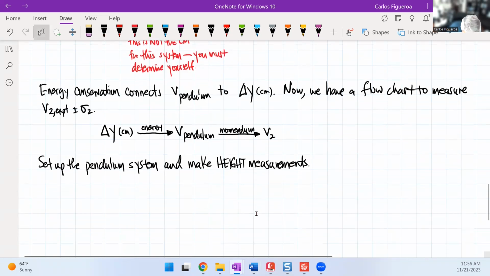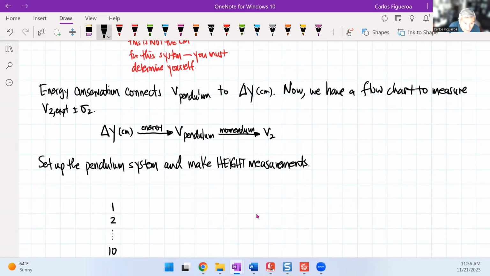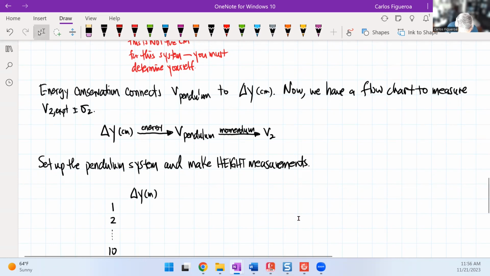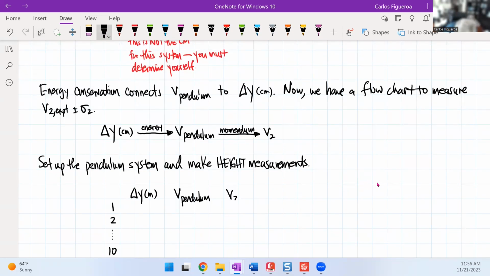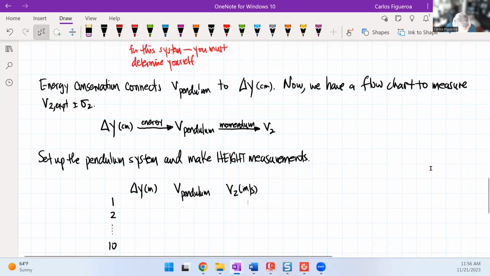So in this case, you're going to have 10 measurements, and then you're going to have a height in meters. But note, I now have my height, and then from my height, I'm going to use energy to set up a table to get the velocity of the pendulum. And from the velocity of the pendulum, I'm then going to get the speed of the ball after that.